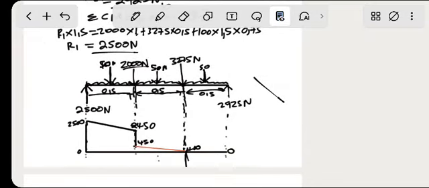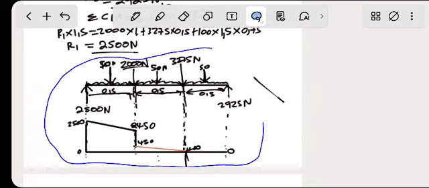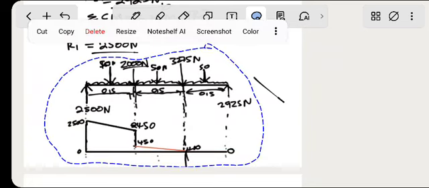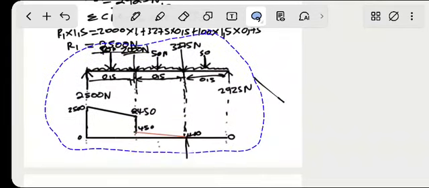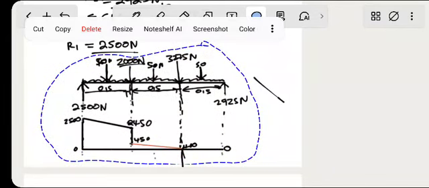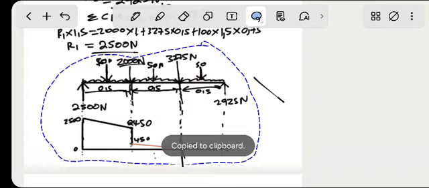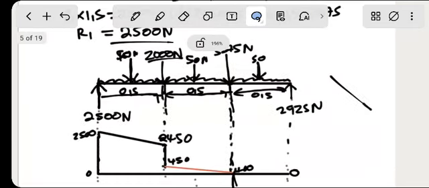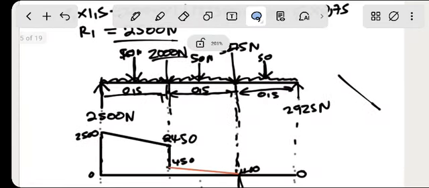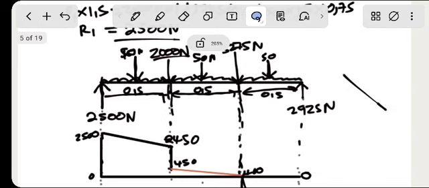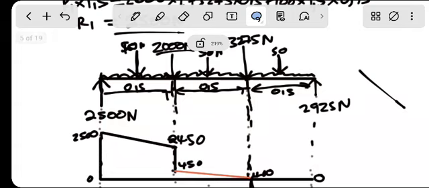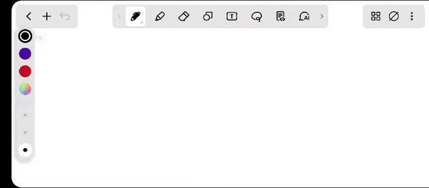Right, then I do like this. I want to take all of these to the bottom part. Alright, then I do like this. Okay, let me drop this here at the bottom.